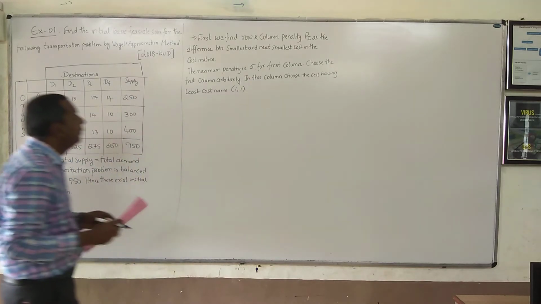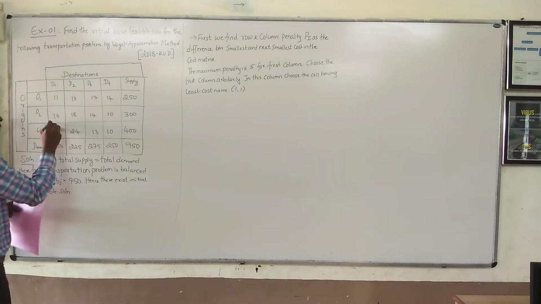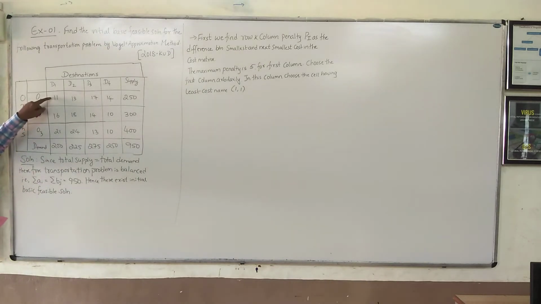Fine. So this is the least cost in this column, and its location is 1,1.